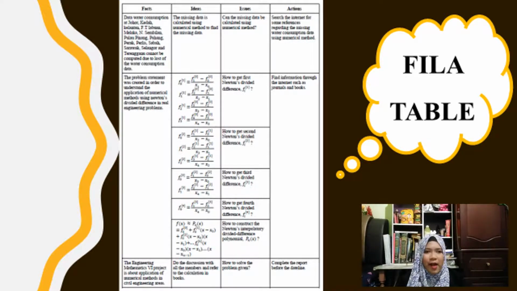For the fact, data of water consumption at Johor, Kedah, Kelantan, Wilayah Persekutuan Labuan, Melaka, Negeri Sembilan, Pulau Pinang, Pahang, Perak, Perlis, Sabah, Sarawak, Selangor, and Terengganu cannot be computed due to loss of the water consumption data.